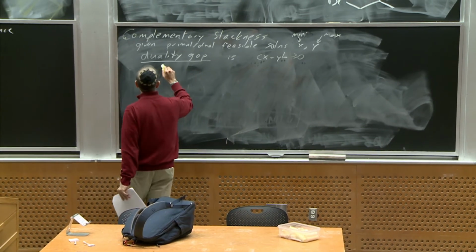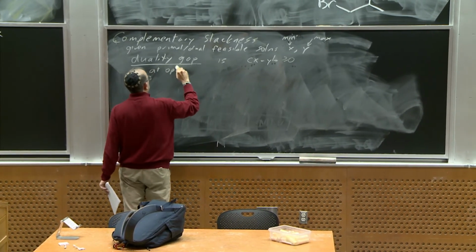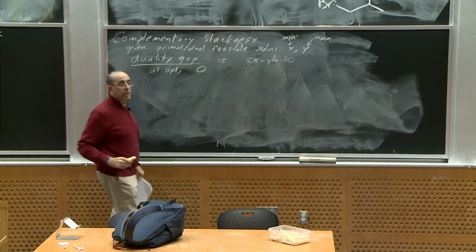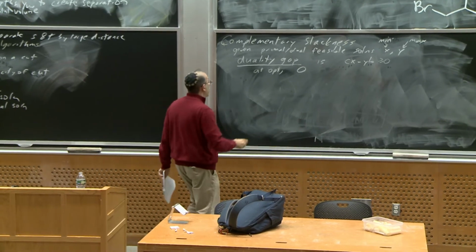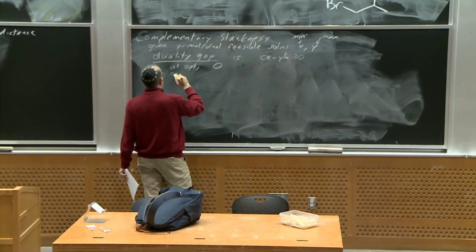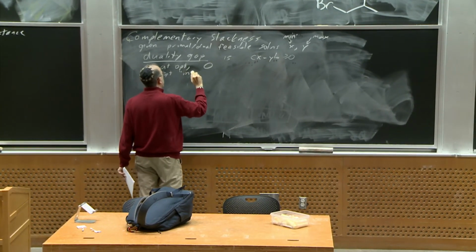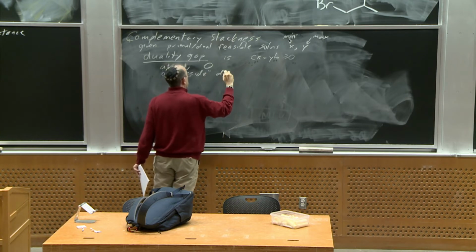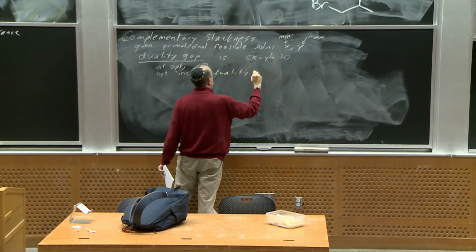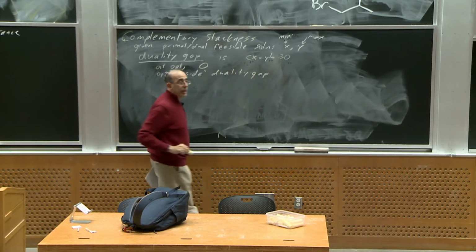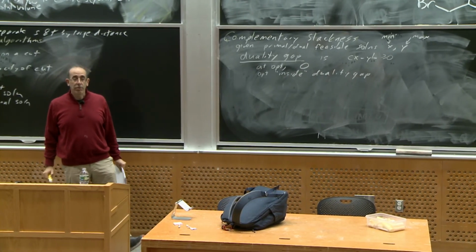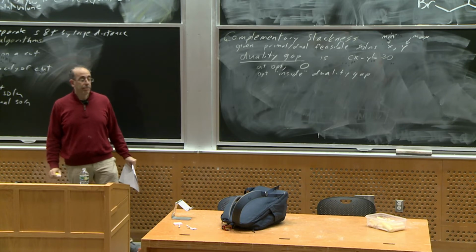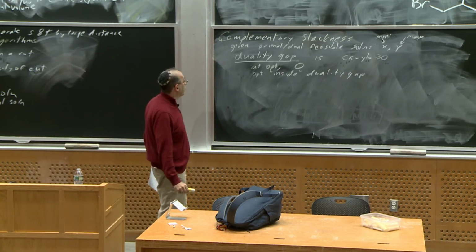We also know that at opt, the duality gap is 0. And in fact, the opt is somewhere inside the duality gap. It's between the upper and lower bounds that we found from our specific feasible solutions.